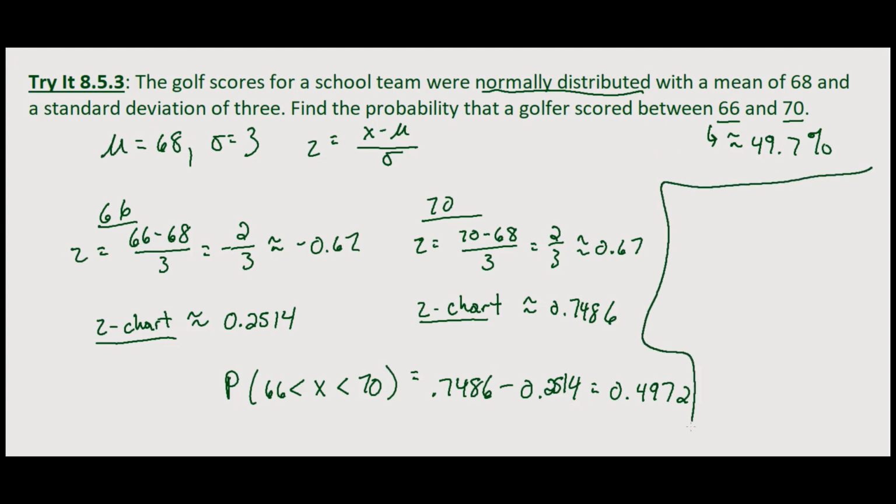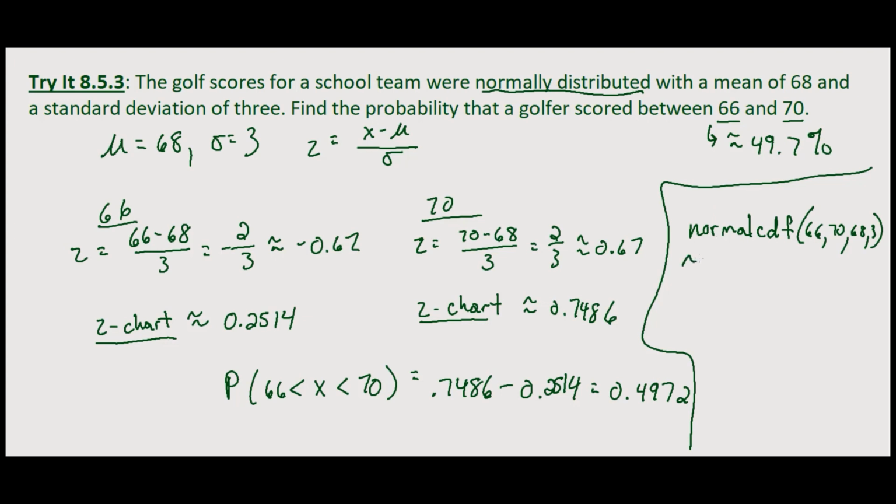Now don't forget, it's important that you remember how to do this by hand, but when we're allowed to use our calculators, we can always use the normal CDF function on our calculators to find the same probability. And remember that's second and then the DISTR, which is above the VAR button. So normal CDF, we put in our lower bound first of 66, then our upper bound of 70, then the mean, which is 68, and then the standard deviation, which is 3.